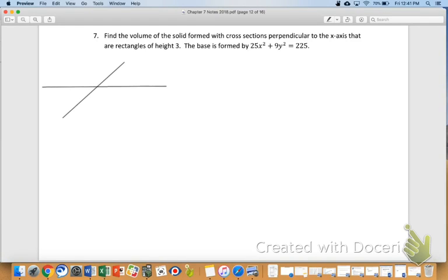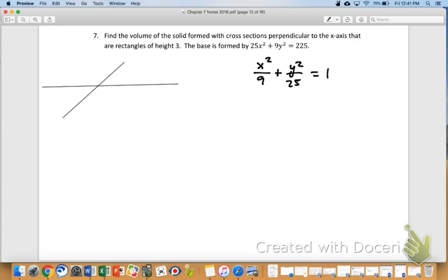So don't get too stressed if this gives you a little anxiety. Hopefully it doesn't. So it'd be x squared over 9 plus y squared over 25 is equal to 1, I think. Because remember, it's got to equal 1 to get into that standard form for an ellipse. So this is kind of a tall, skinny ellipse.